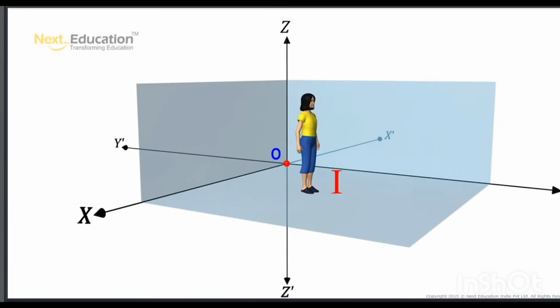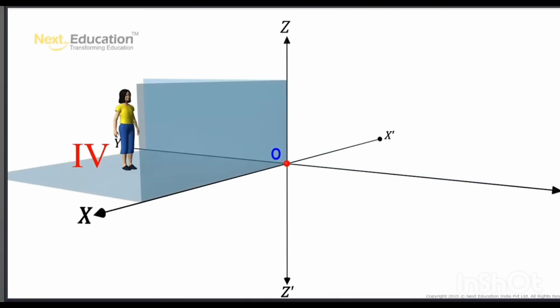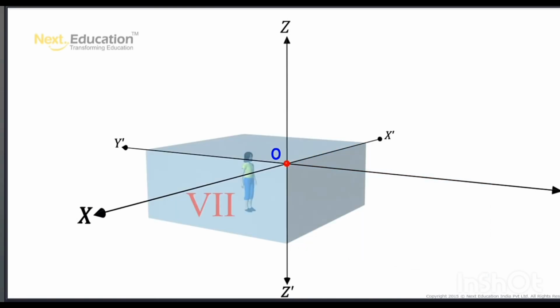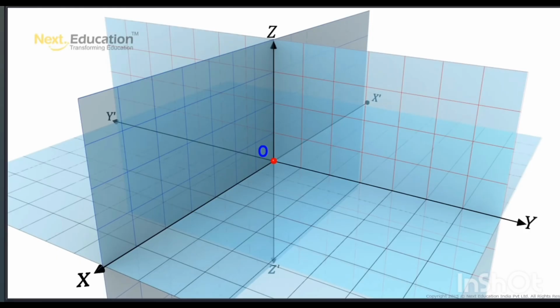The coordinate axes divide the coordinate space into 8 parts, called octants. The sign of the coordinates determine the position of a point in a particular octant. For example, the point 2, -3, 3 lies in the 4th octant. The x-coordinate of the point is 2. So we measure 2 units along the x-axis and mark a point. The y-coordinate is -3.